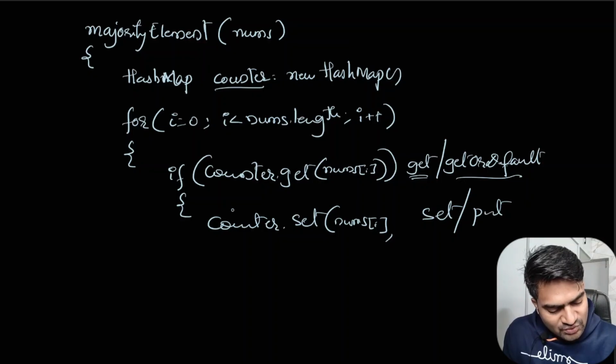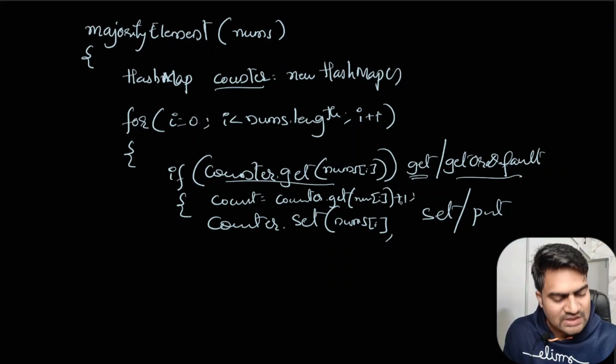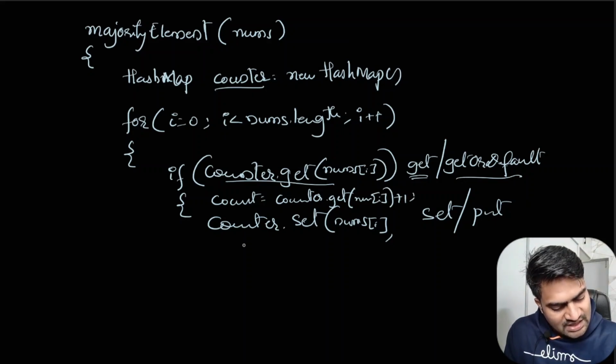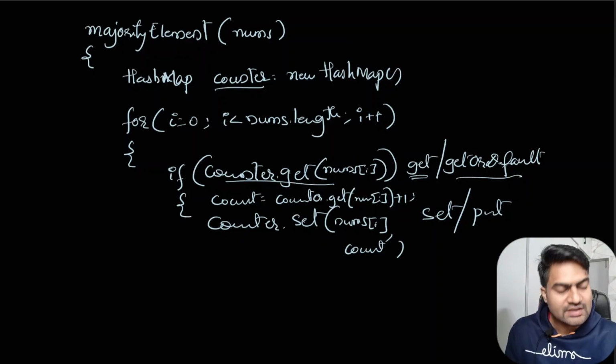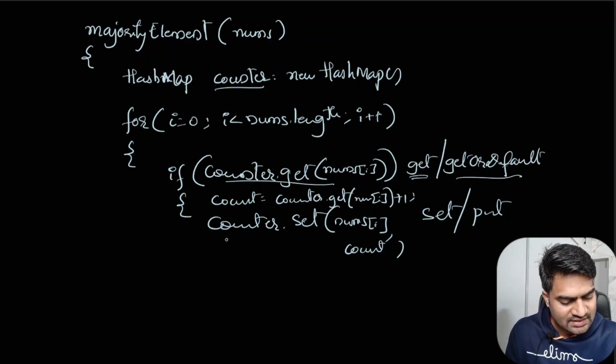Before that, I will take a count variable and use counter.get of nums of i, then plus 1. I'll write it on the next line. So this will set our counter with that particular number.